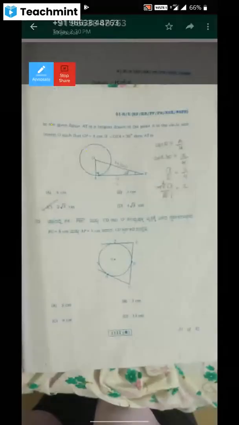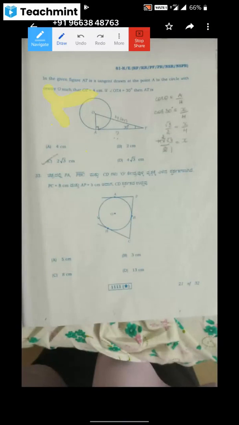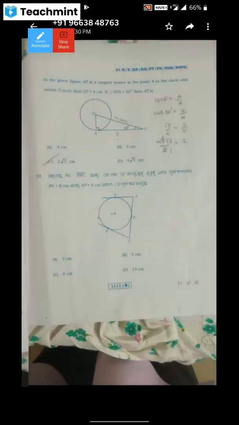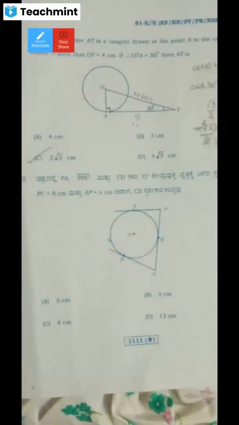In the figure, AT is a tangent drawn at a point A to the circle with center O, such that OT is given, OT is 4 centimeter.